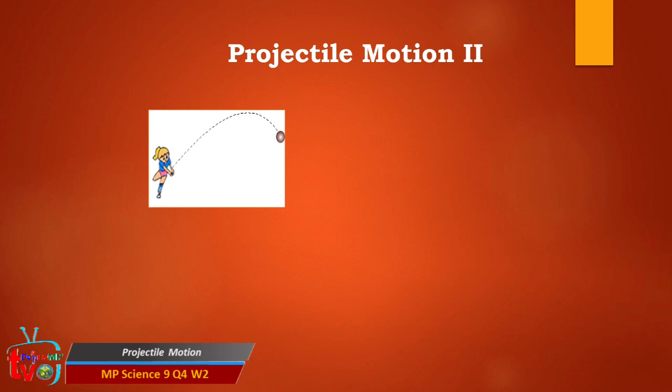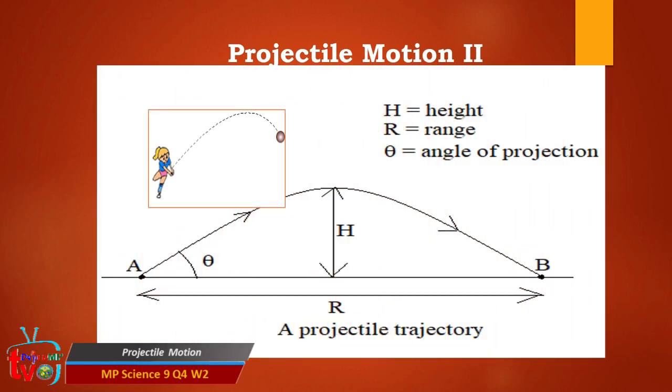The second case of projectile motion shows that the path of the projectile is parabolic in nature. The diagram shows that there is now an angle of projection that is being formed, which is denoted as theta. We also have here the maximum height that is being reached by the projectile before it starts going down.